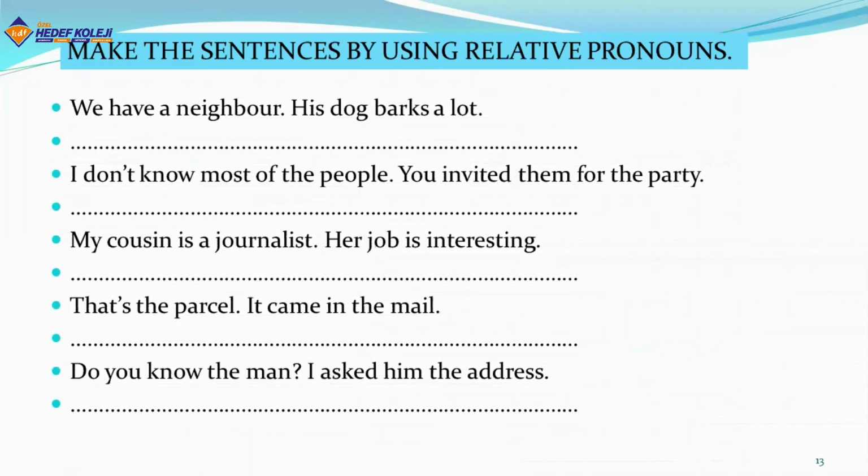Make the sentence by using relative pronouns. We have a neighbor. His dog barks a lot. A neighbor and his are common, so I can eliminate one of them. But how?